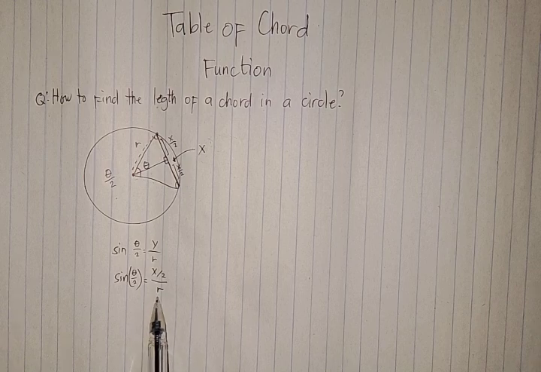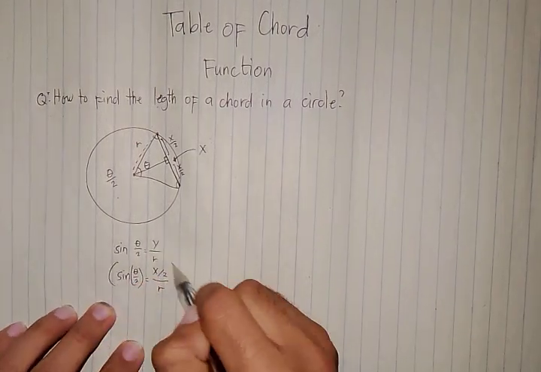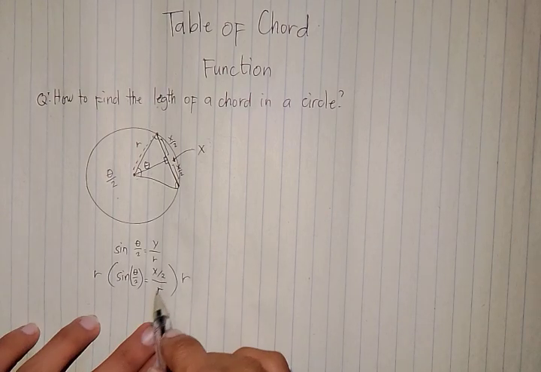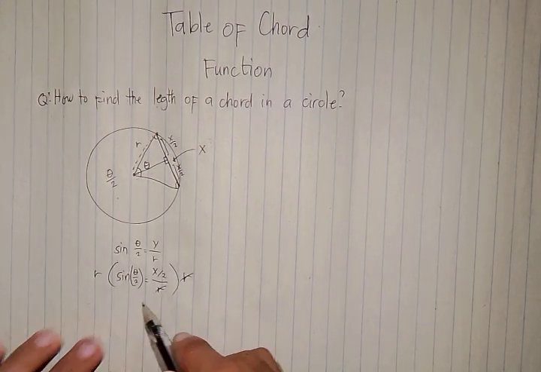So as you can see here, we need to multiply r on both sides in order to cancel the r here.